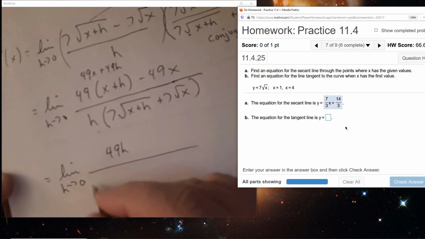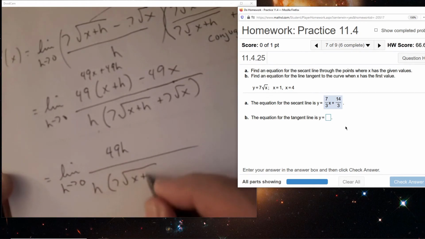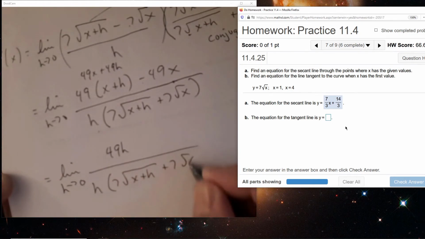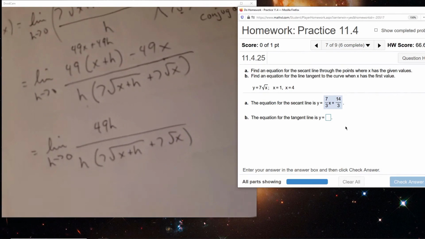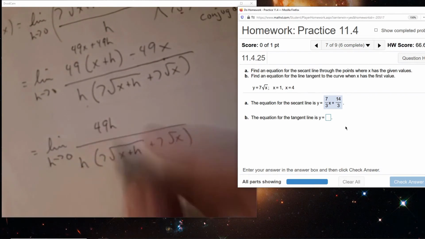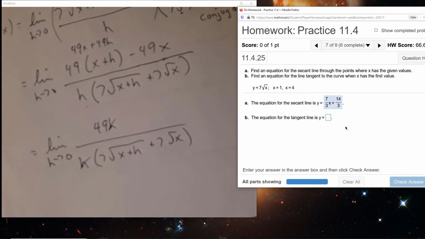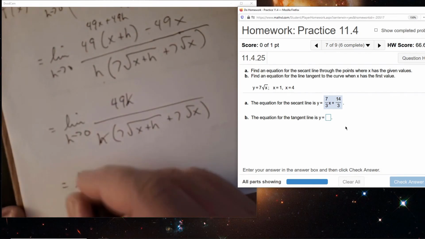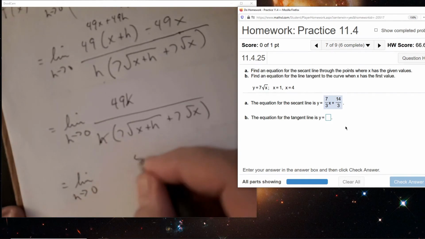And then that's all divided by h. And now notice, this is why we want to keep h as a factor, because now these h's will divide out. And now the limit is doable.